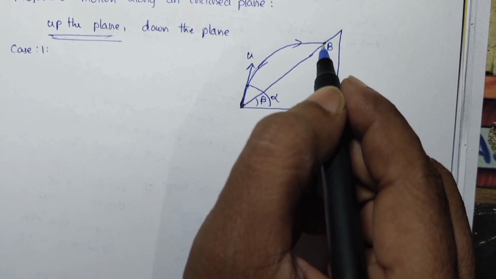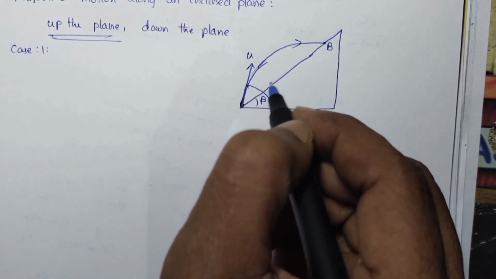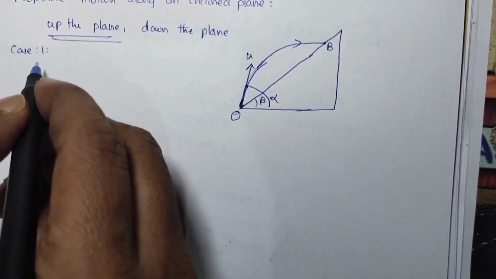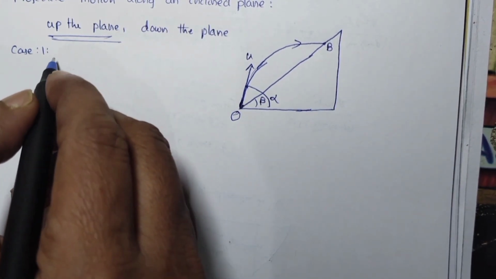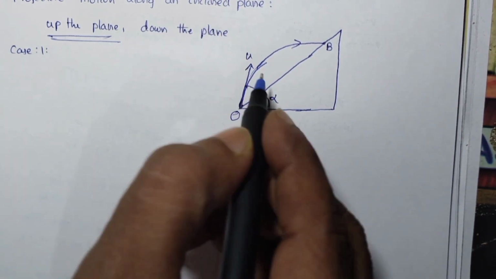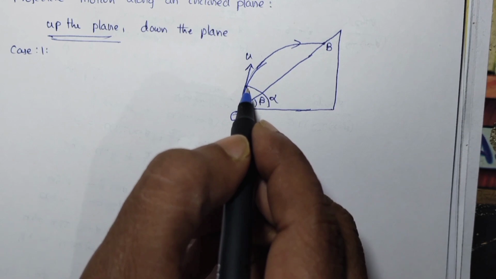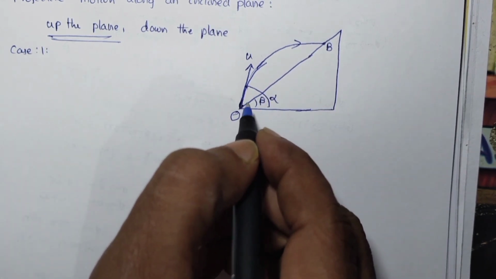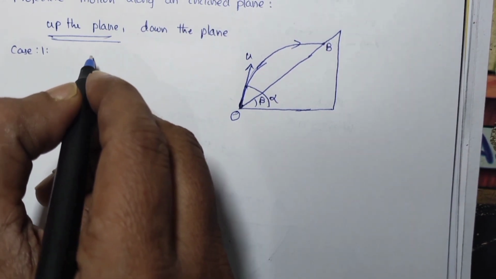So we are going to find the time of flight and the range up to B. How can we find the time of flight? The object makes an angle with the inclined plane of alpha minus beta.